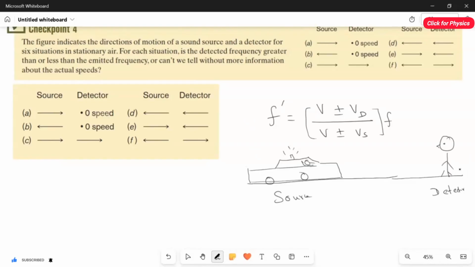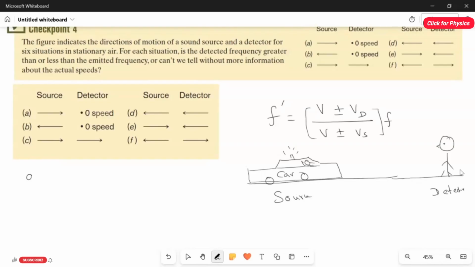Let's see the first case. Source is coming towards the detector. The car is the source, the police car, which emits some sound from the siren. When the source is coming towards the detector, and let's consider the detector is at rest, that is zero speed, what type of frequency will he hear?